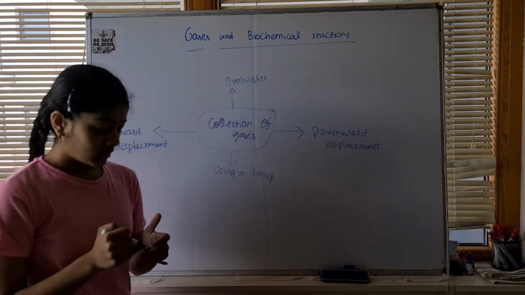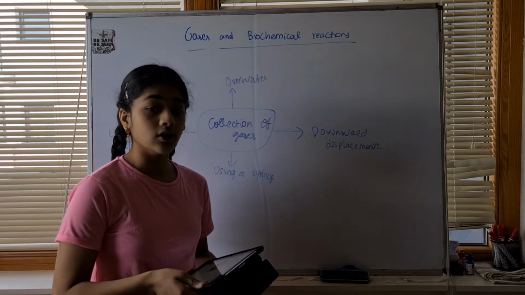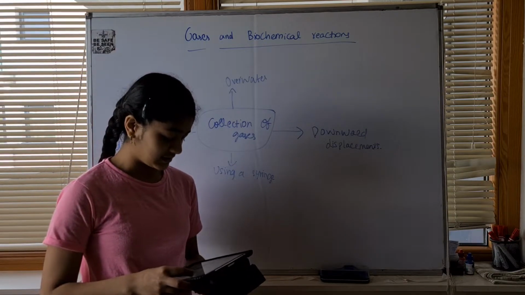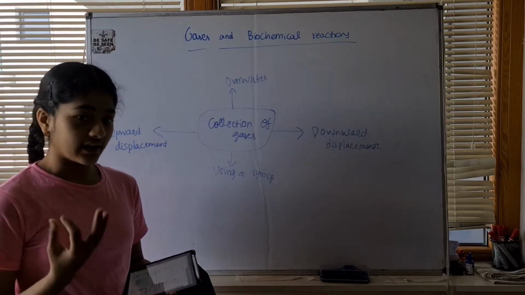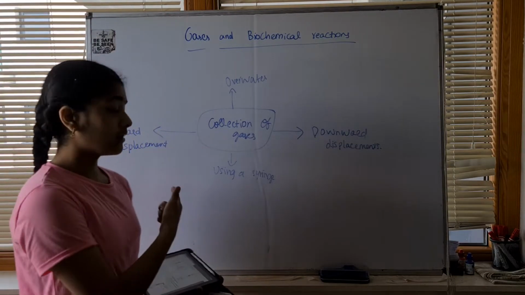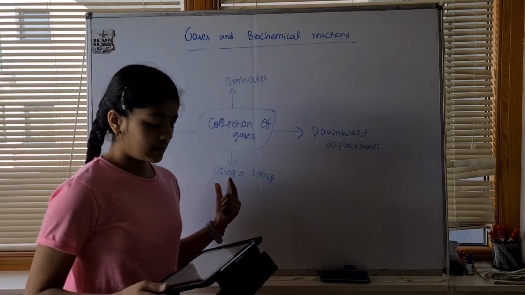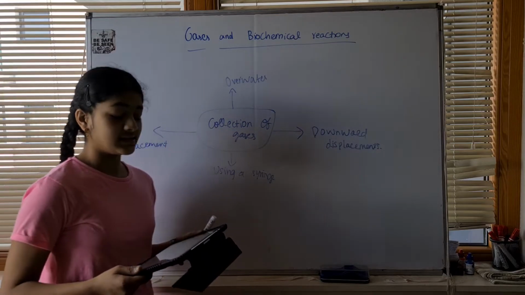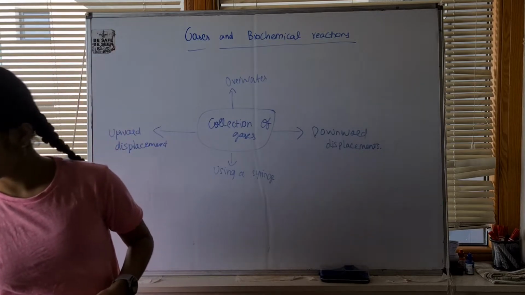So, we can use upward displacement and downward displacement if we know about the gas being collected. For example, if a gas is denser than air, then we can use the method called upward displacement. The gas being collected during this method is denser than air, and so will displace air up and out of the jar.